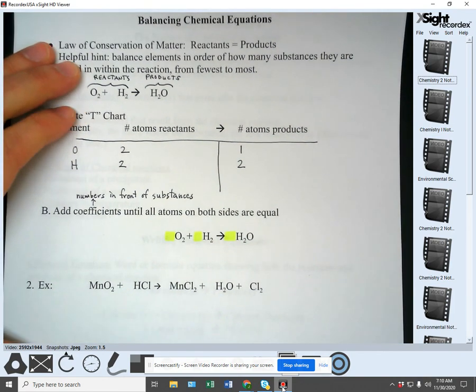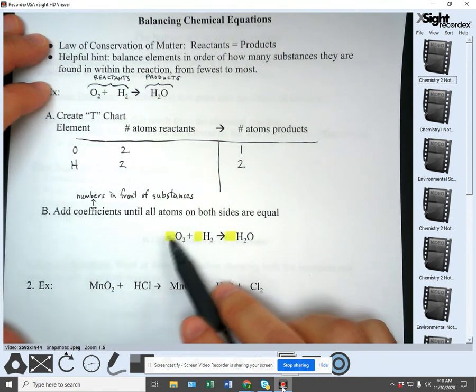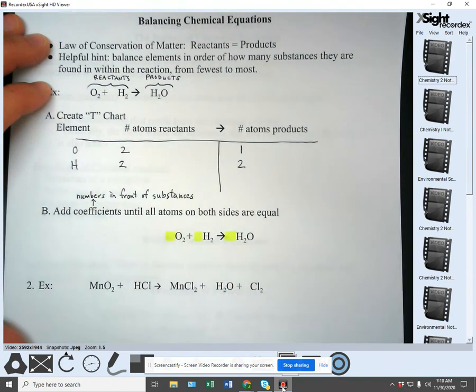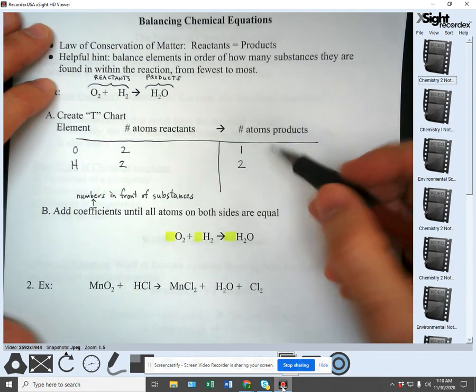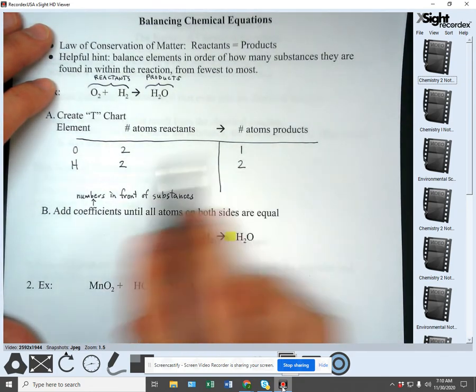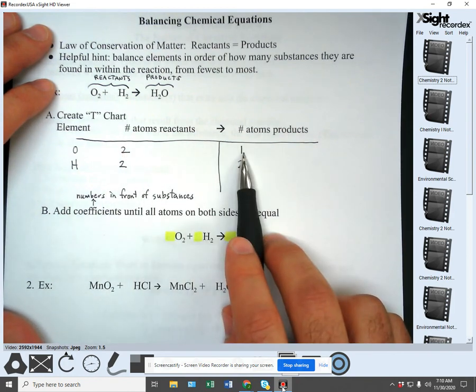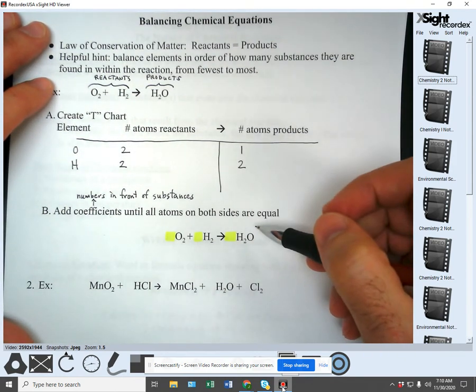Now, the coefficient, whatever number you put in front, is multiplied times the subscript to find out how many of that you have. So, for example, these numbers have to balance in our T-chart. We've got 2 oxygen on the reactant side, 1 oxygen on the product side. So I need 2 oxygens over here.